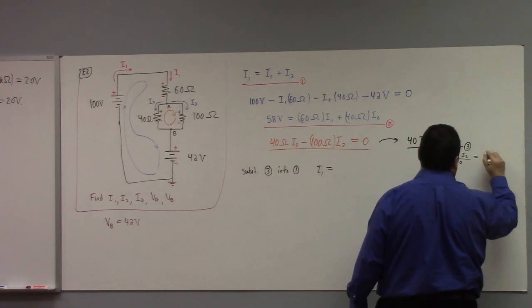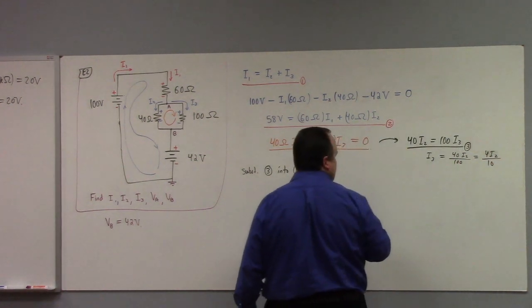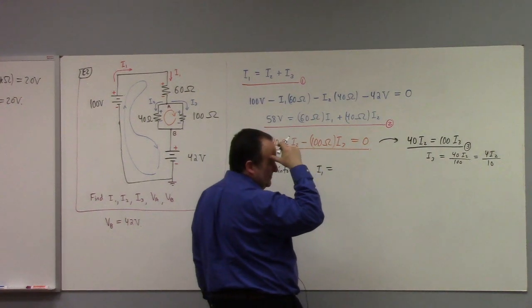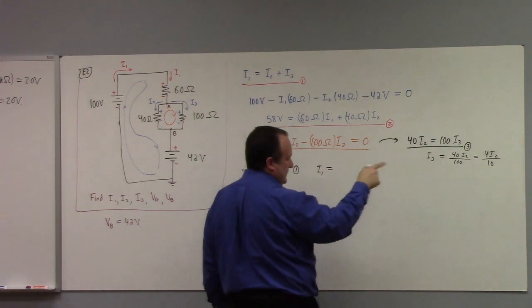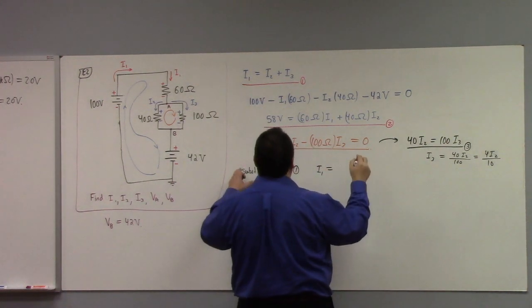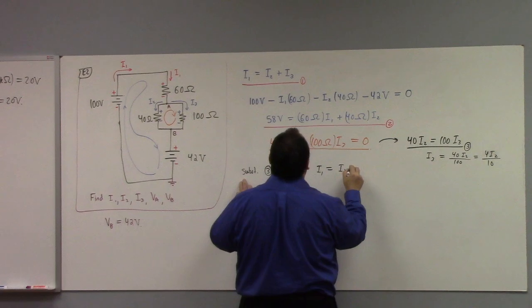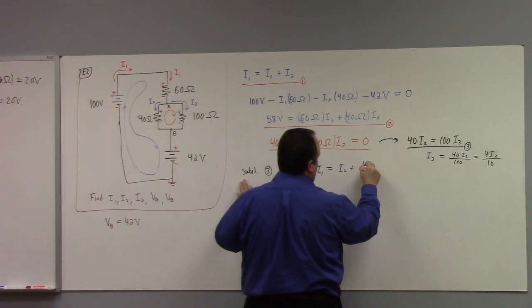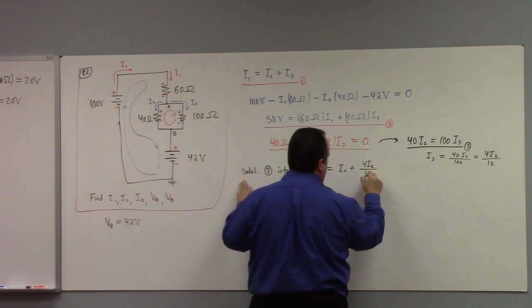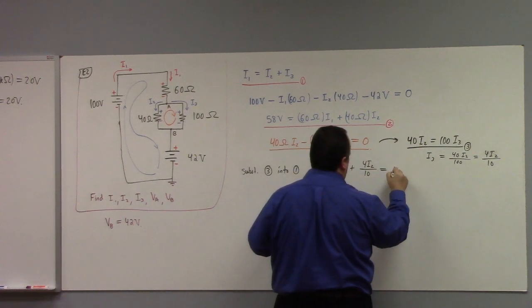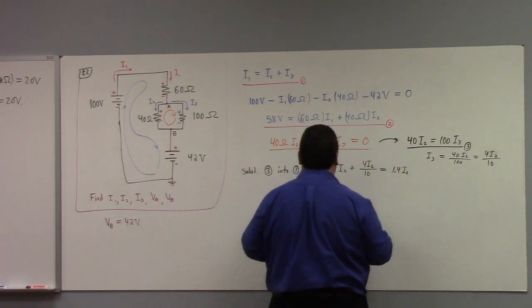Whatever, I'm just going to leave it as 4. I like 10s. I'm going to keep the 10. 4 I2 over 10, right? Did I do the math right? I hope. I don't trust myself. I think it's okay. All right. So I1 is equal to I2 plus I3, which is 4 I2 over 10. So of course you've got 1.4 I2 here is I1.